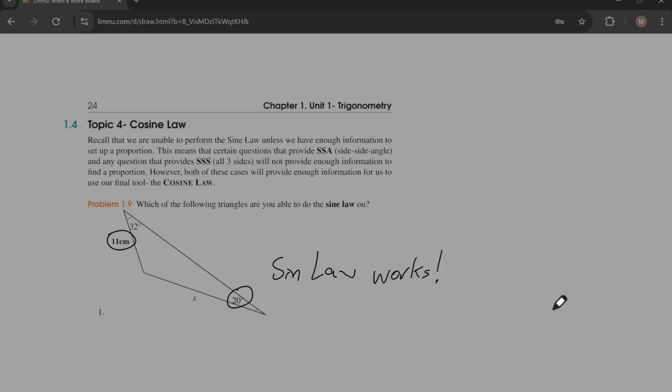And so often what you'll get is something that has angle, side, where our angles will match with one of the given sides. And even if it didn't, so even let's say they give us this instead, I can find this missing angle by just taking 180 minus the others, and then I have a match. So angle, side, if they give you two angles in your oblique triangle, you can always use the sine law.